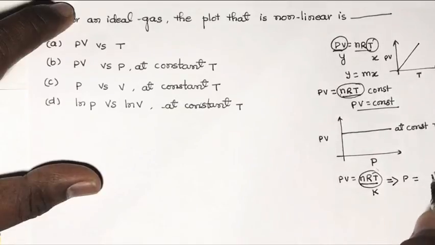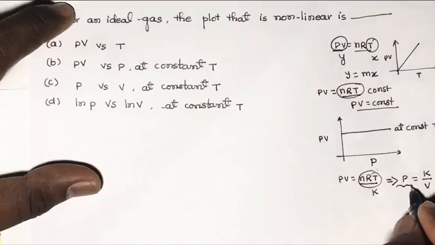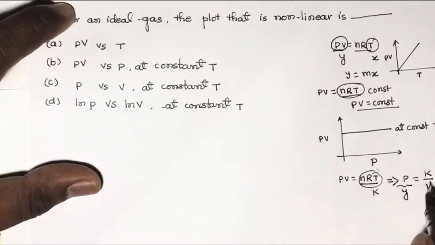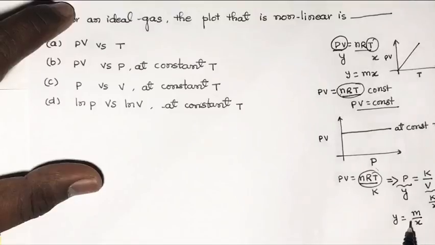So if you substitute P as Y and V as X, then Y equals K by X, or M by X, where M is the constant.